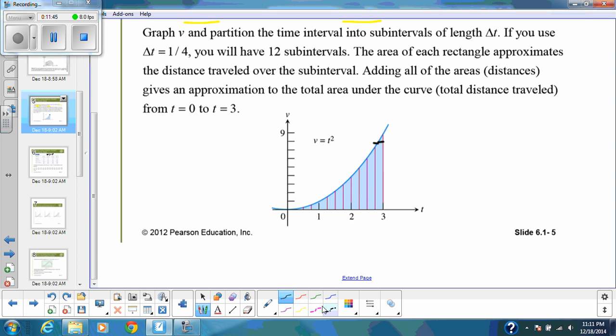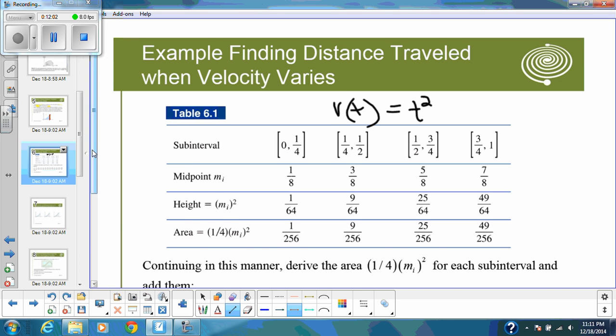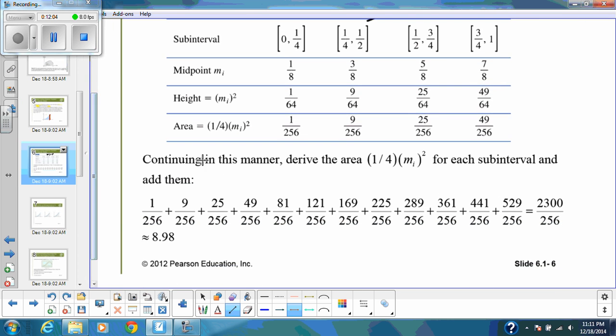So in that case, it would go about that high, and we're saying, okay, this portion underneath the curve has this area, doing that again for all these 12 portions, adding them up to get the approximate area underneath that curve. So if you continue in that manner for all of the subintervals, you would simply add up all those areas, and you get approximately 8.98.